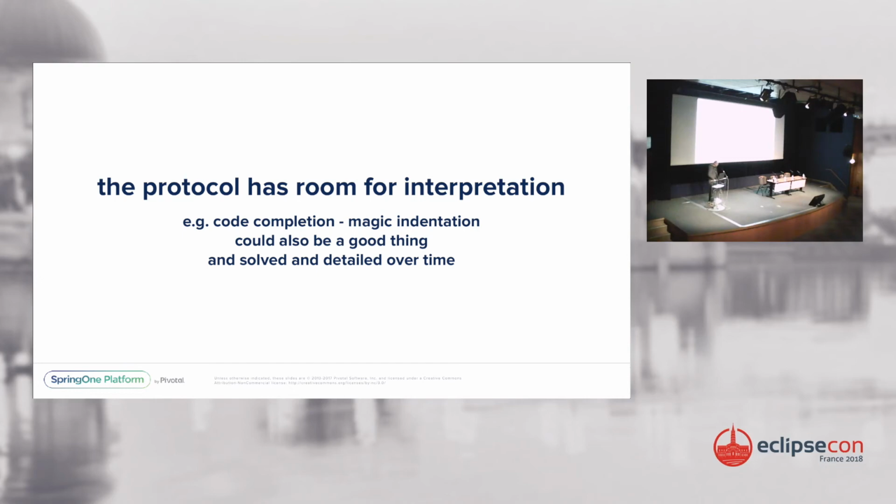The other ugly part, and that's closer to my heart, is that the protocol has a lot of room for interpretation. So the protocol talks JSON and it says, oh yeah, send me back whatever content assist, and then you don't really know what the client is doing with your content assist proposals, for example.